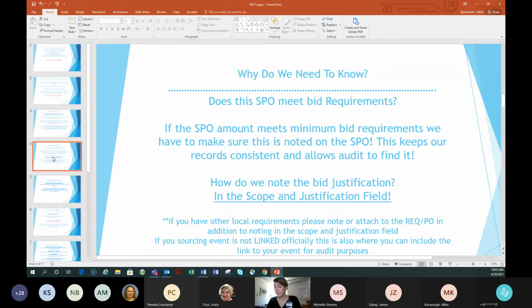Why was it awarded? Right? If it wasn't bid out, why not? And all of that information should be recorded in the scope and justification field so that it can be audited, so that it can be tracked. Just because you have a backing document does not mean you have this information. This information has to be included, right? The SPO is the document that ties all of this information together.